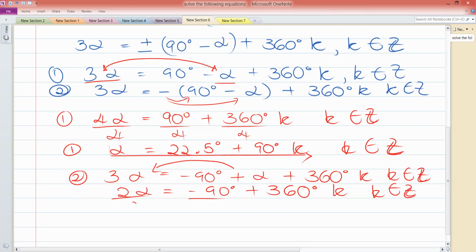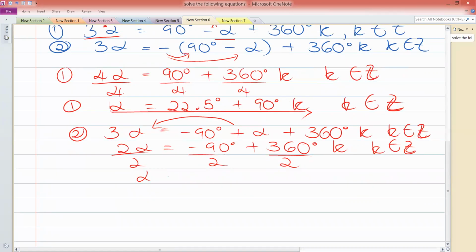Divide everything by 2. This becomes alpha equals negative 45 plus 180k, k is an integer. So your second general solution is that one.